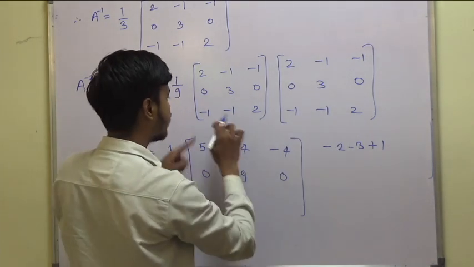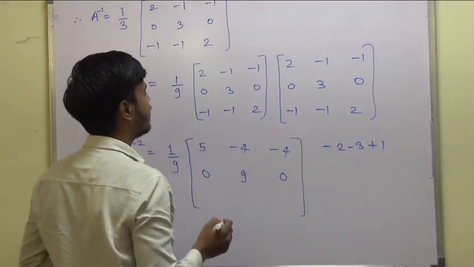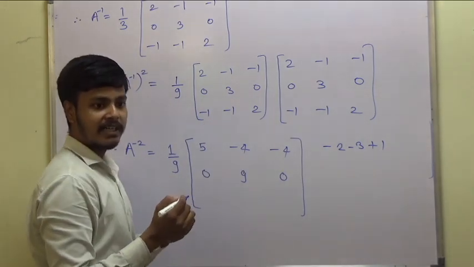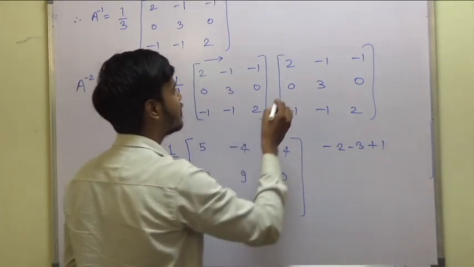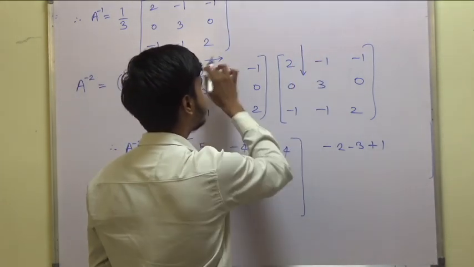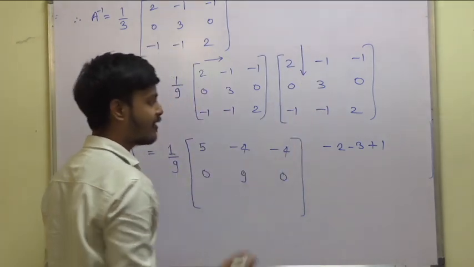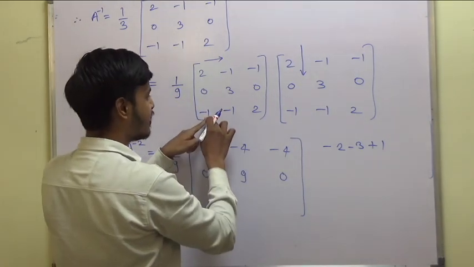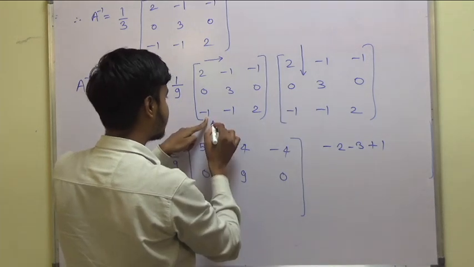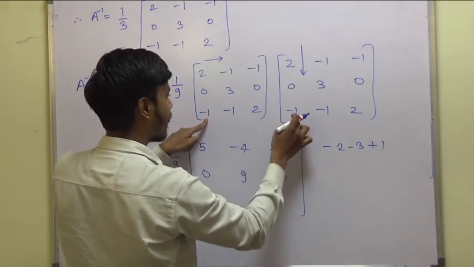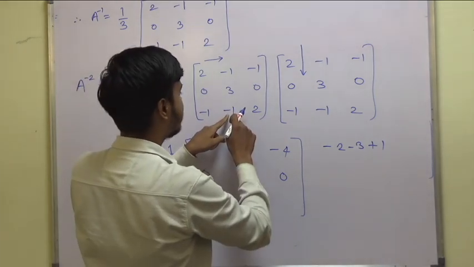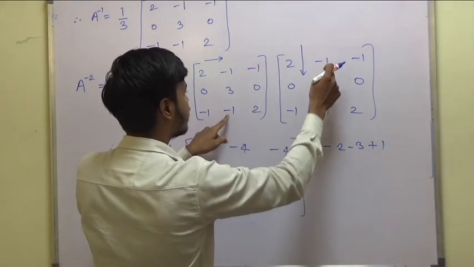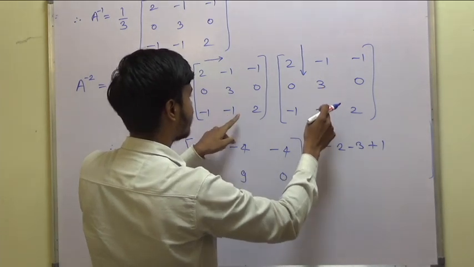0 0 0. Now this row, this column. Okay, so if you get confused about how to find the multiplication, just with the pencil you can make this arrow. First row, first column, first row, second column. Okay, likewise. Now we are doing this. Third row, first column. So what is it? Minus 2, minus 2, minus 4. Okay, then this one, 1, minus 3, minus 2.